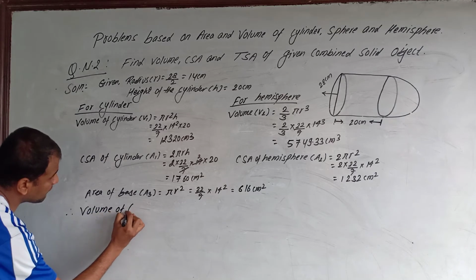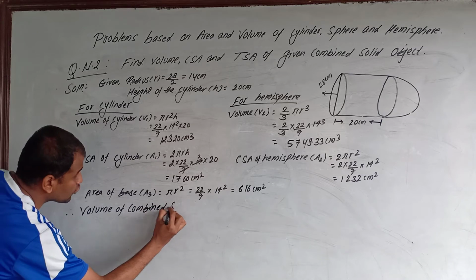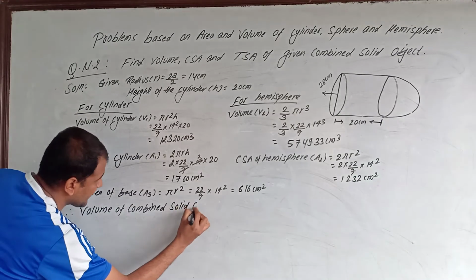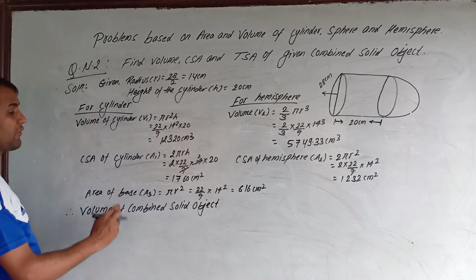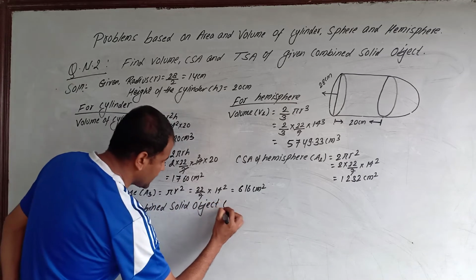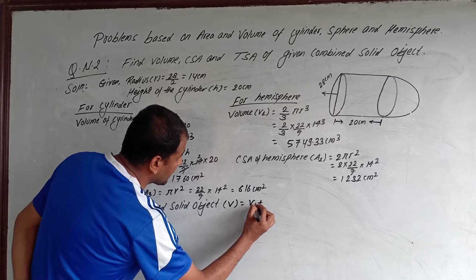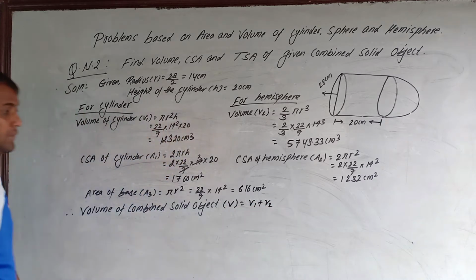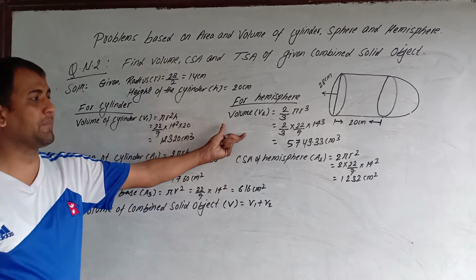So to find the volume, I have already told you, therefore volume of the combined solid object V is equal to V1 plus V2. That is, volume of cylinder plus volume of hemisphere.